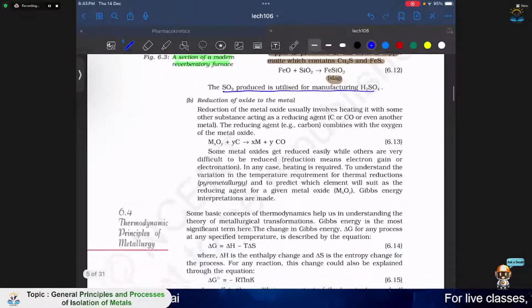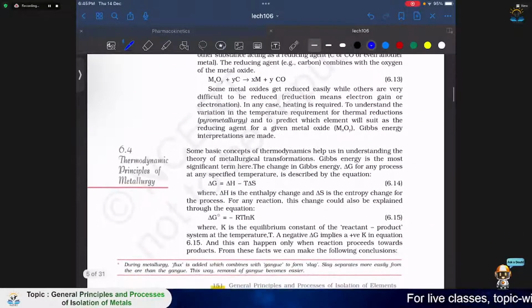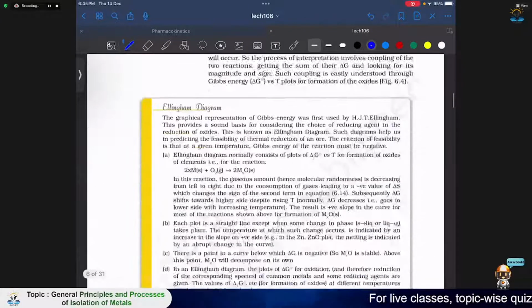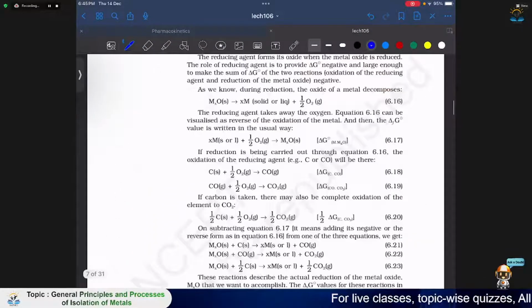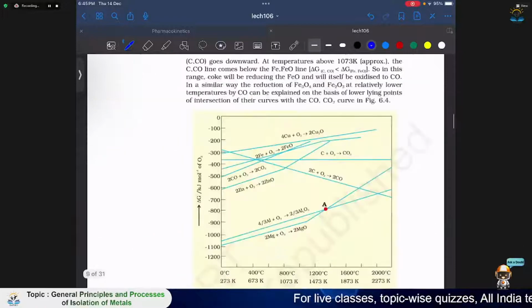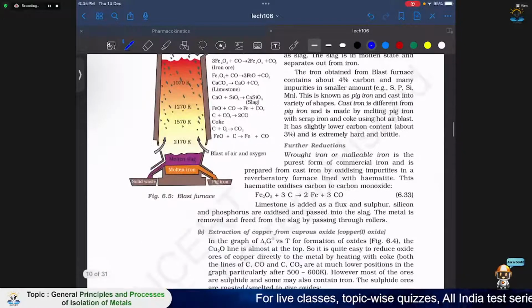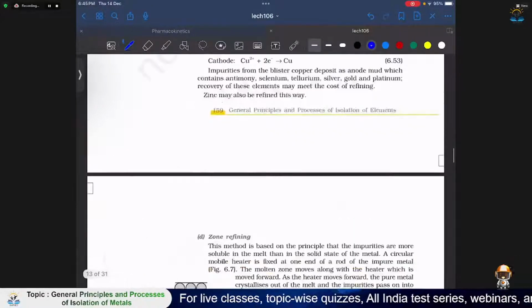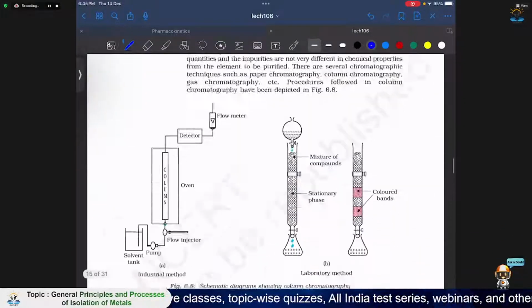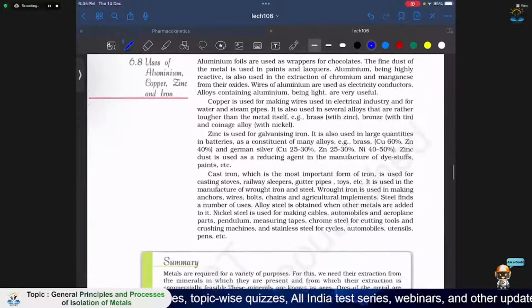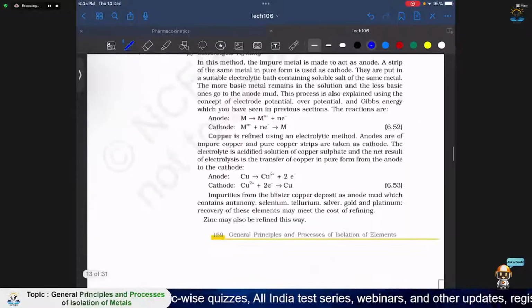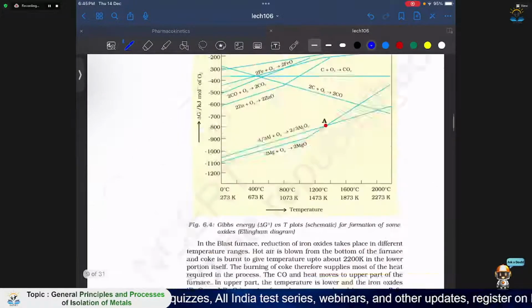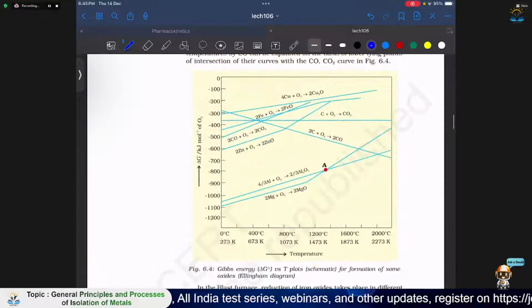reduction of oxide to the metals. I'll show you the main reaction which is important to us. We reached refining. Yeah, this chart is the important chart.